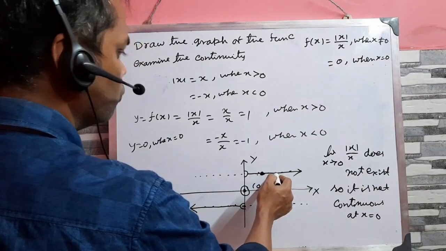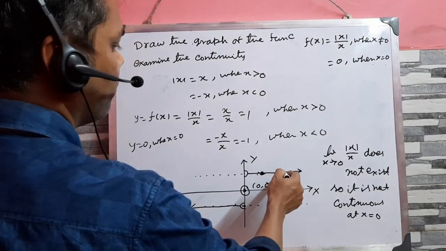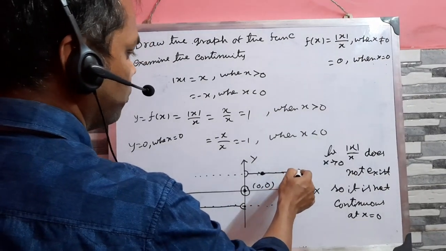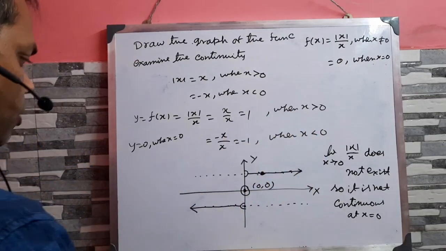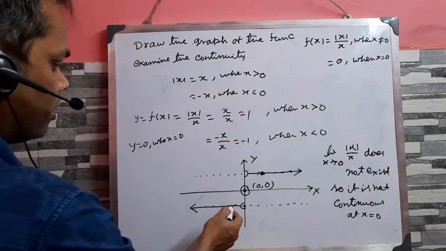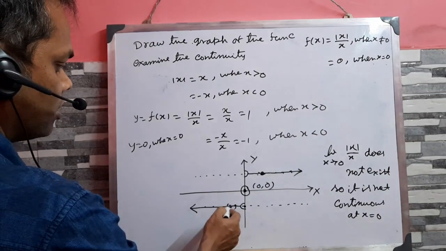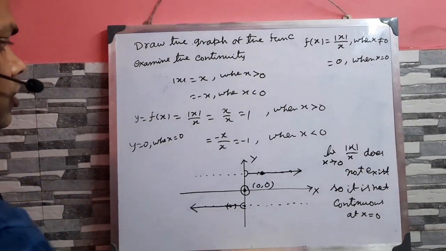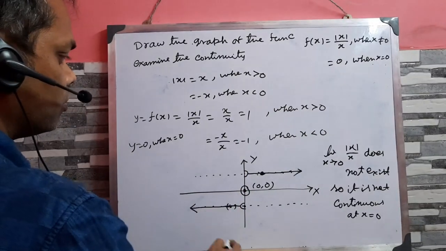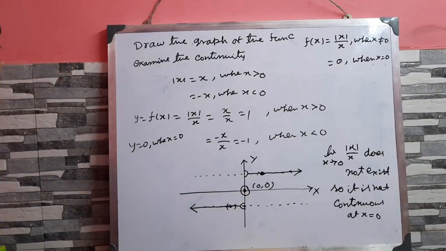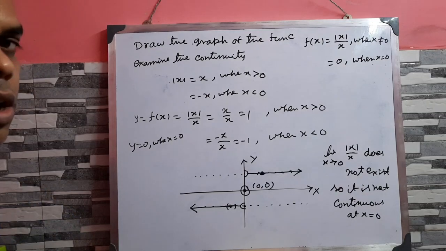At x equal to 2, 2.5, 3, 5.5, it is the same concept. For x equal to minus 1, the left hand limit and right hand limit both lie on the same line, so it is also continuous. So that function is discontinuous only at x equal to 0, otherwise the function is continuous.